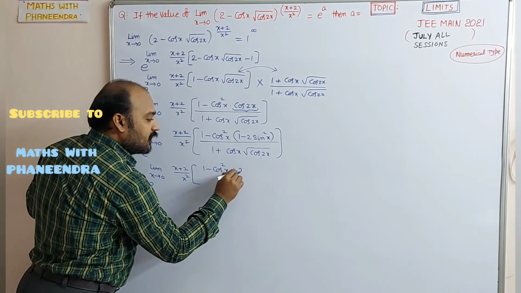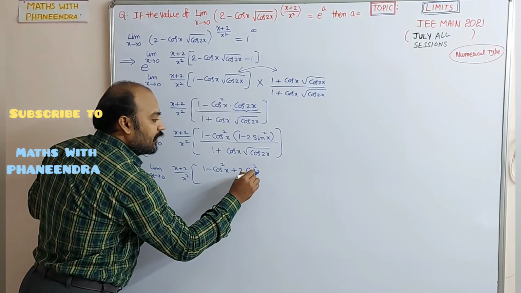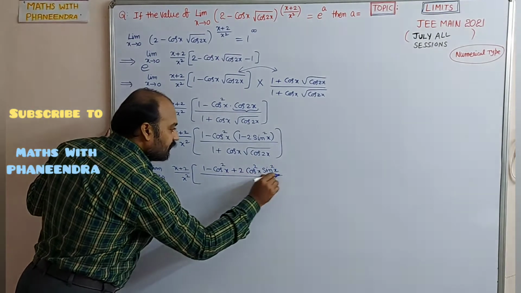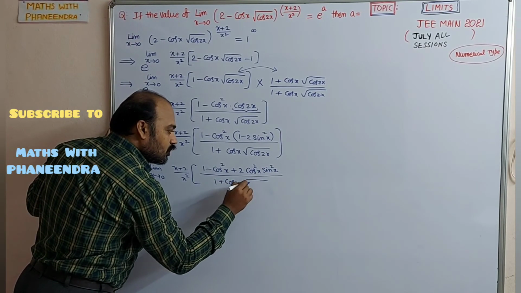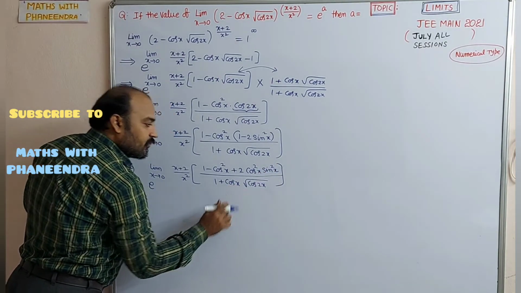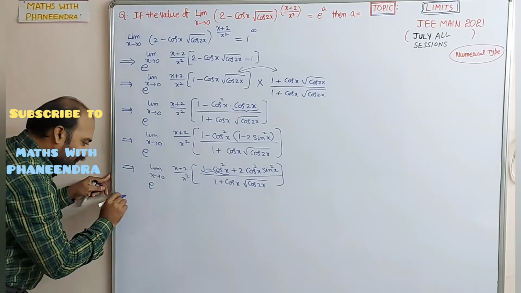Minus into minus is plus 2 cos square x into sin square x, divided by 1 plus cos x into root over cos 2x. 1 minus cos square x is equal to sin square x.